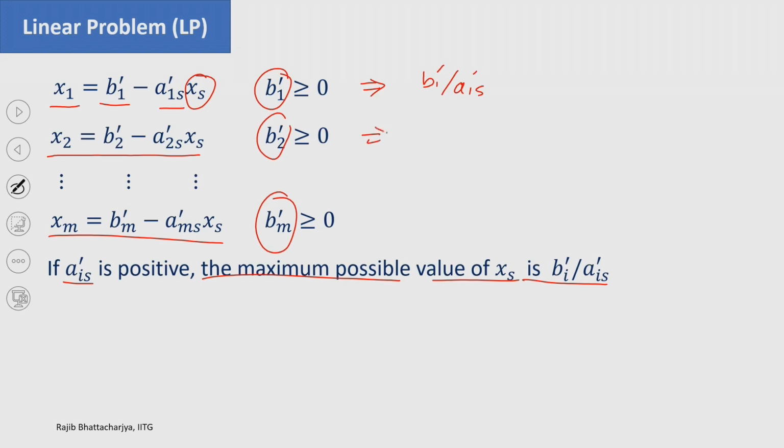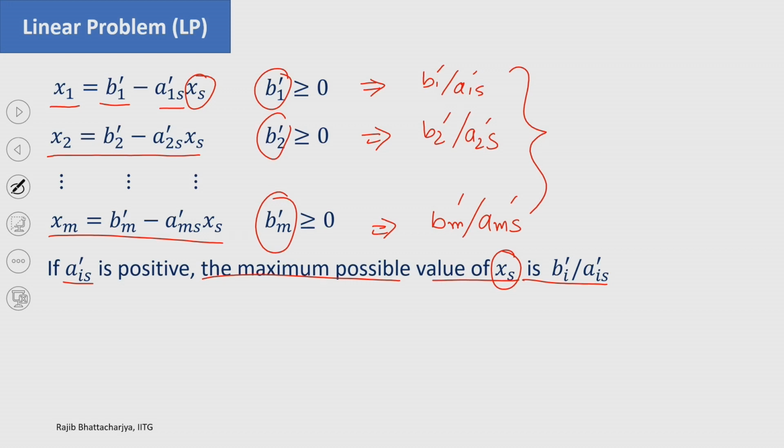From the second equation, it is b 2 dash by a 2 s dash. Similarly, from the last equation, it is b m dash divided by a m s dash. These are the possible values of x s.